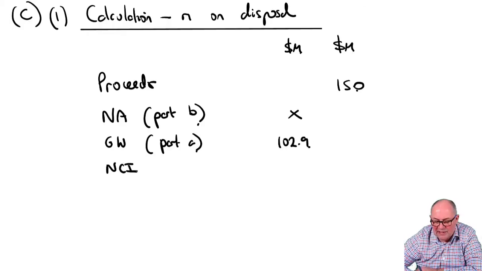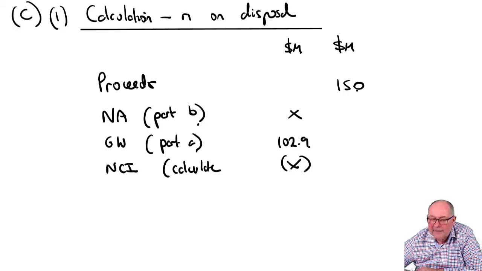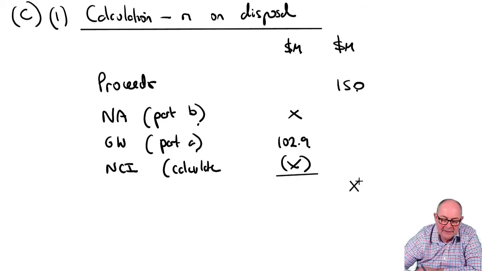And then we've got the NCI, which you would need to calculate. So that's your regular calculation of a profit on sale of a company.